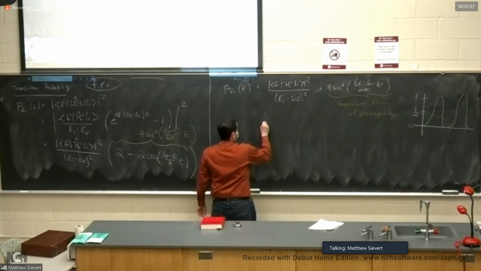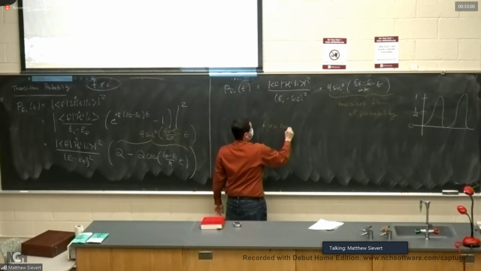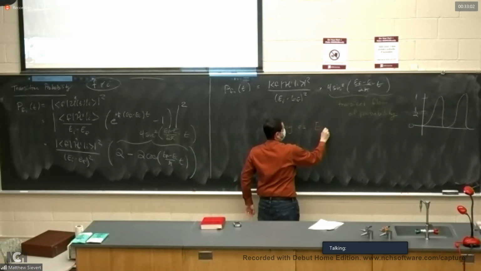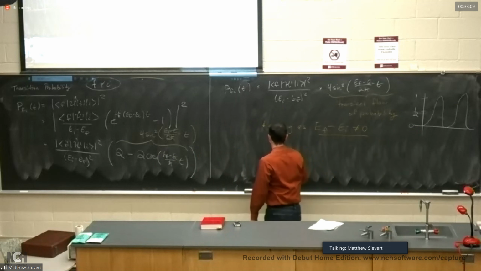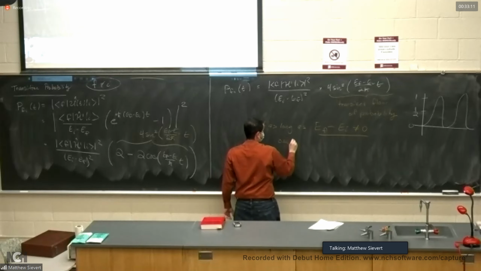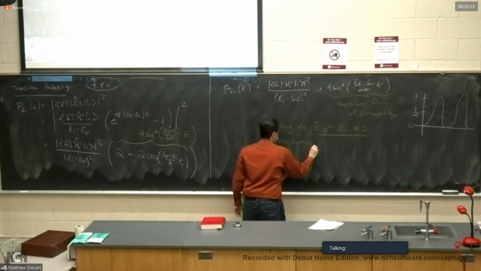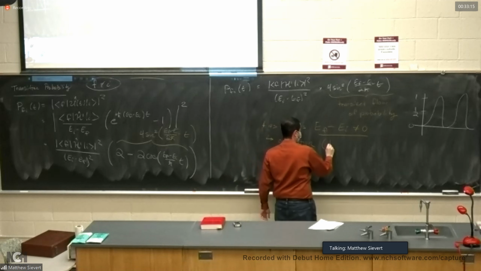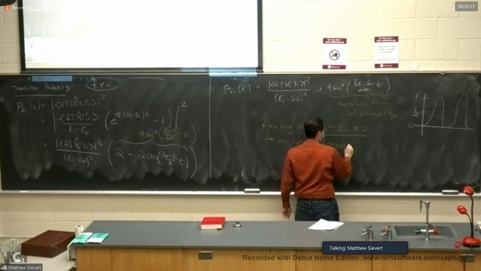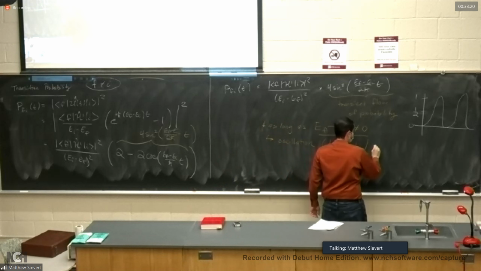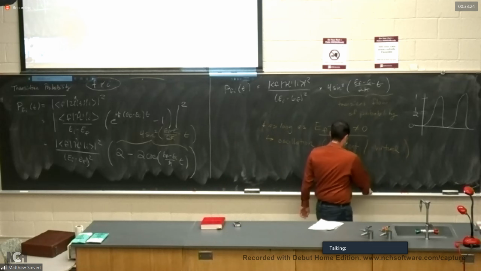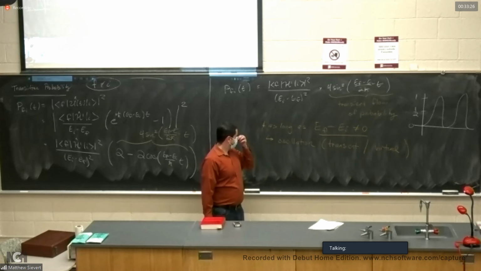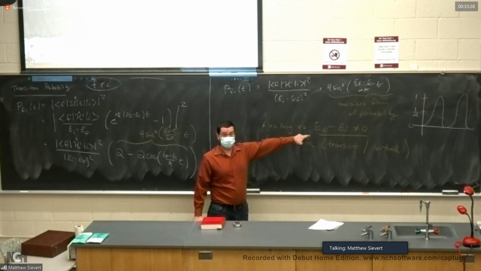So that's critical. As long as E final minus E initial is not equal to 0, then you have this oscillation. I would associate this with that transient flow of probability or virtual quantum fluctuations. It's no accident that this is related to energy conservation.